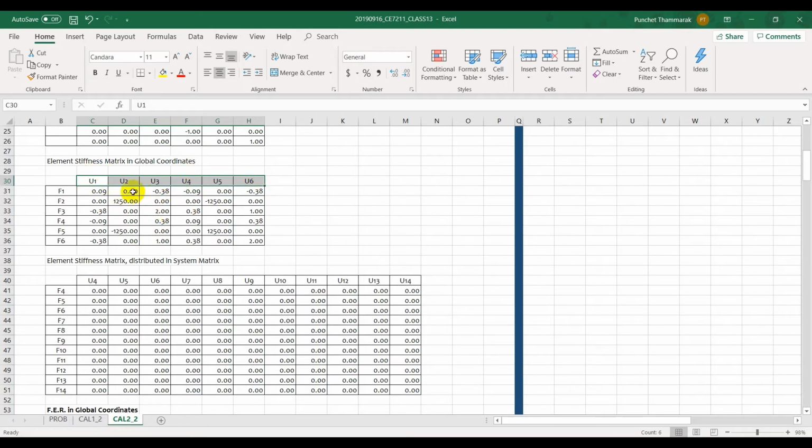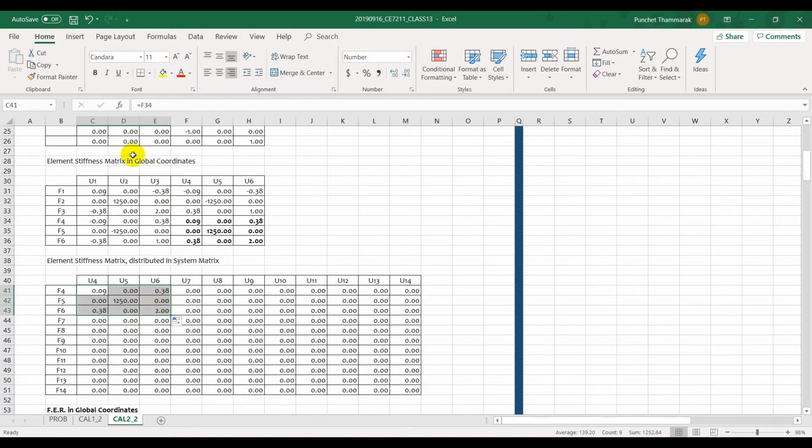So we will bring all of these into the matrix, of which the size is identical to the system of equations that you will have at the end. And you see that you only have U4, U5, U6, F4, F5, F6. You don't have 1, 2, 3. So basically, these 9 entries are relevant to our consideration.